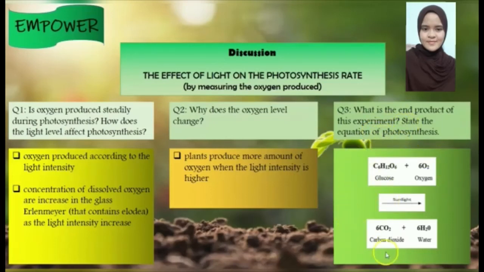This is the equation of photosynthesis, which produces glucose and 6 molecules of oxygen from 6 molecules of carbon dioxide and 6 molecules of water, with sunlight. That's all. Thank you.